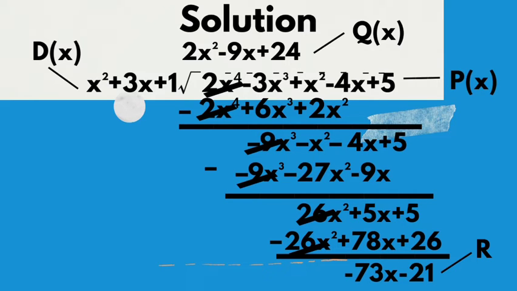Then we bring the last term under that polynomial down. It becomes plus 5. Now, the current polynomial we have now is 26x squared plus 5x plus 5. And the divisor still remains x squared plus 3x plus 1. I will repeat the same process till we have the remainder.